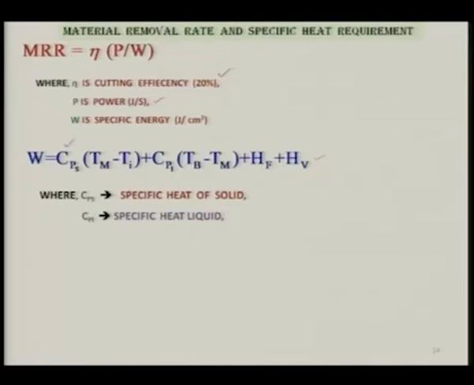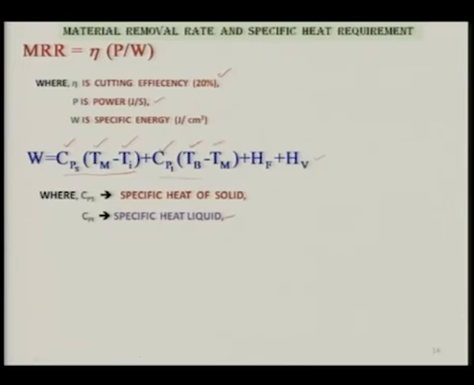So what you are doing really is melting the solid up to the melting point, because Tm is the melting point, Ti is the initial temperature or the room temperature or the vacuum chamber temperature, and CPS is the specific heat of solid. Same way you have the CPL, that is the specific heat of liquid over here, and Tv is the boiling point of the material, and Tm, as we know, is the melting point of the workpiece material.